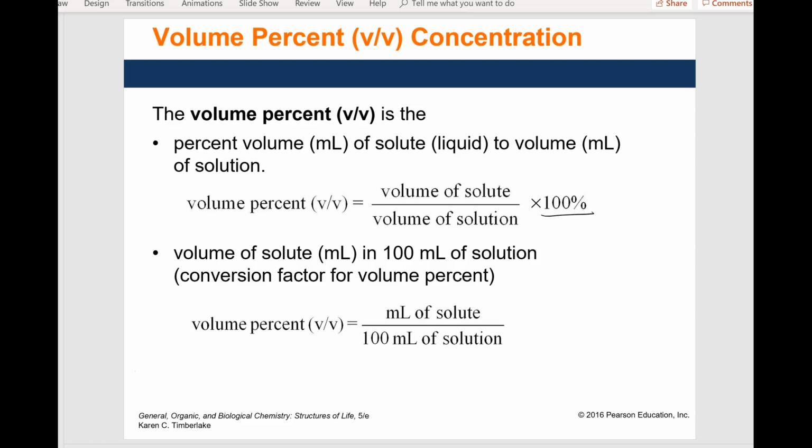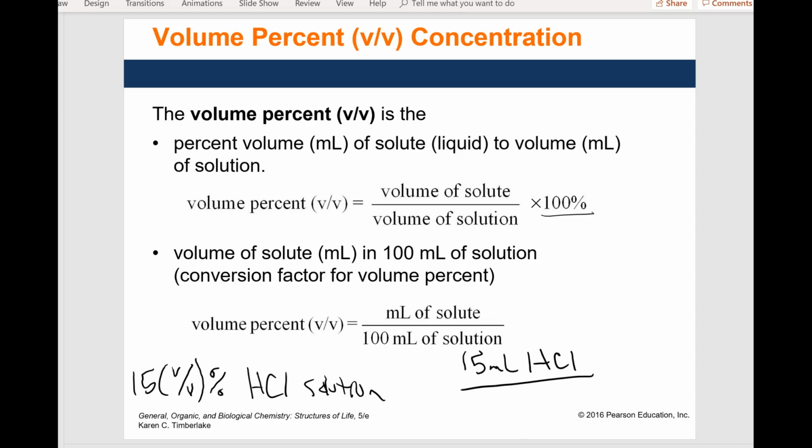So again, if I had a 15 volume percent hydrochloric acid solution, what that's saying is I have 15 milliliters of HCl per 100 milliliters of solution.